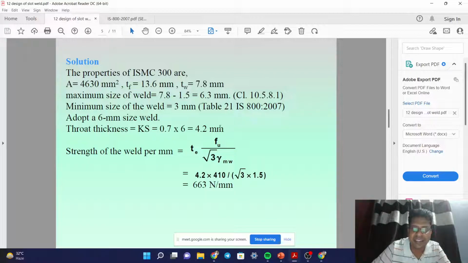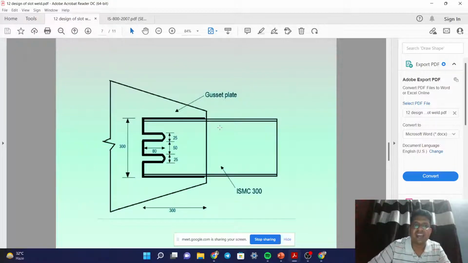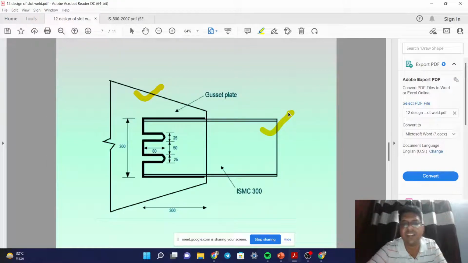So I want to make it clear from this diagram. You can see that this is our gusset plate and this is the ISMC 300 which we are using.